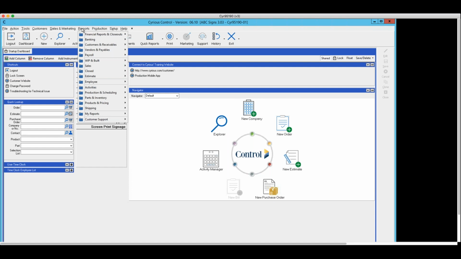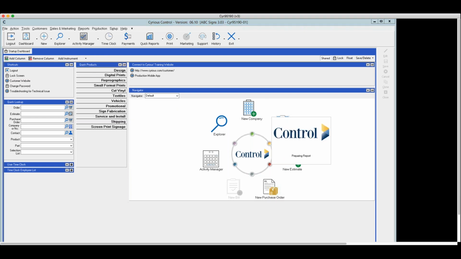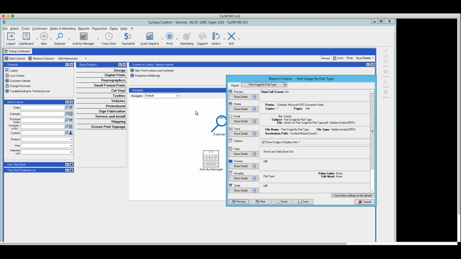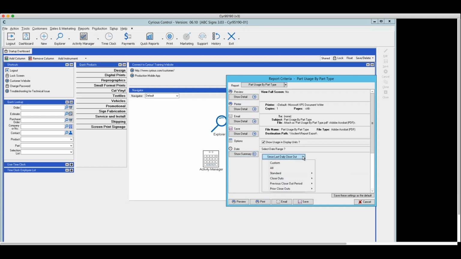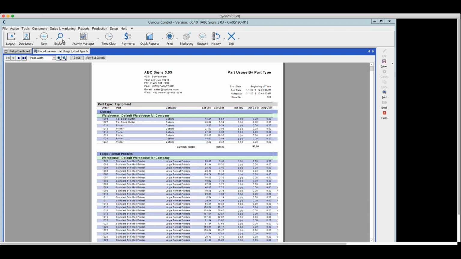It's under reports, parts and inventory, usage reports, and parts by part type. Now, I don't have a lot of data here, so I'm going to do a search for all, and then I'm going to do a preview, and we'll just comment on the report for just a second and give you the good news and the challenging news.